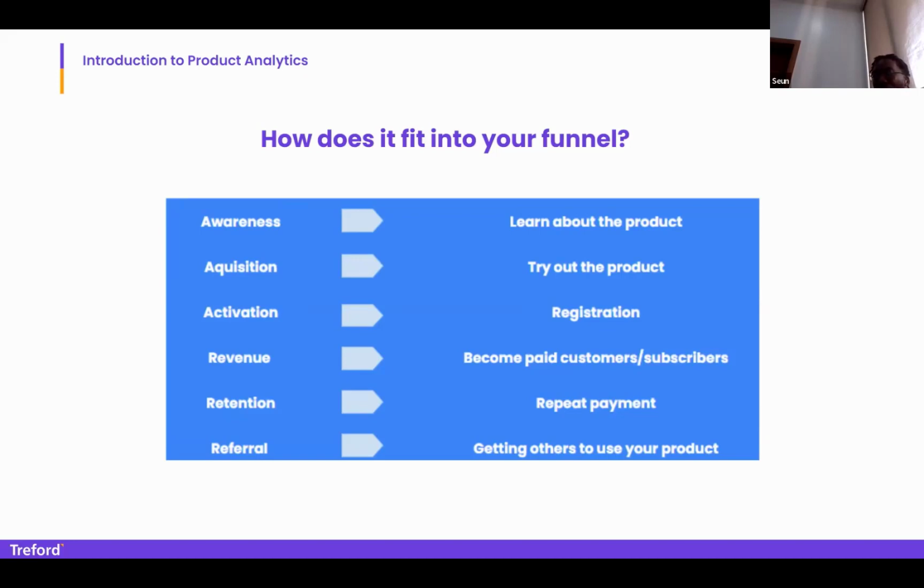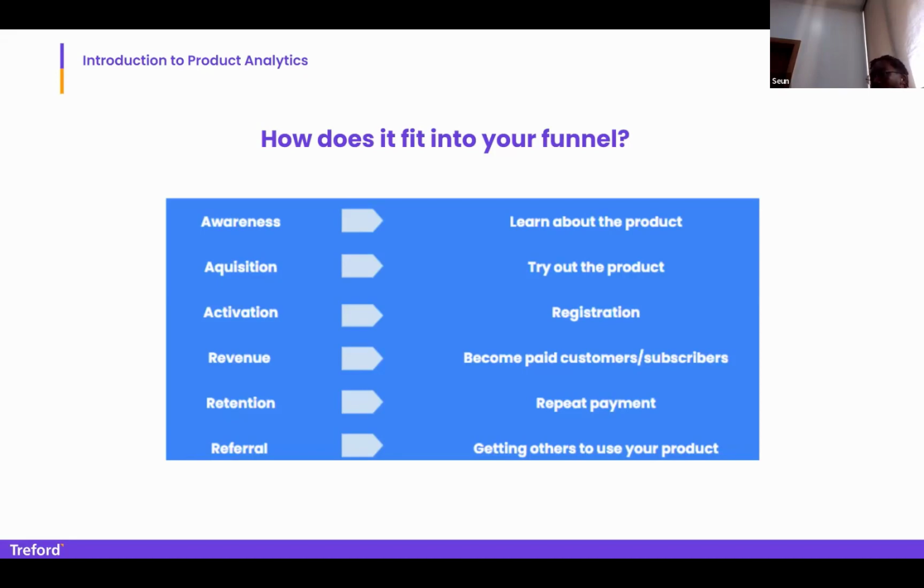And when they eventually try out the product, say for the FitFarm app, they finally saw after so many social media posts and marketing campaigns, they finally downloaded the app, and they're now trying out the product.